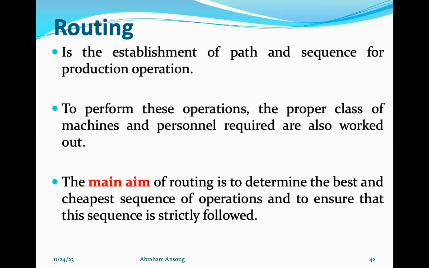Okay, the main aim of routing is to determine the best and cheapest sequence of operations and to ensure this sequence is strictly followed. All right, so that we won't waste so much time using steps or procedures that really will be more expensive and time costly compared to another path. So you need to clearly show the path or the route for the production.